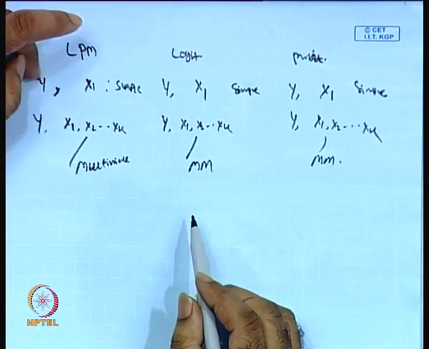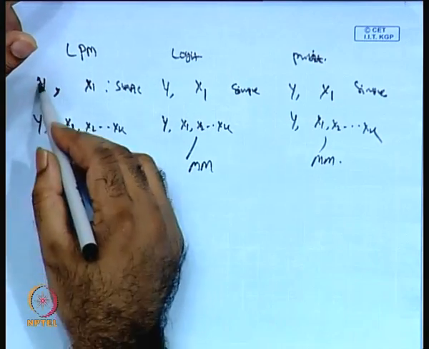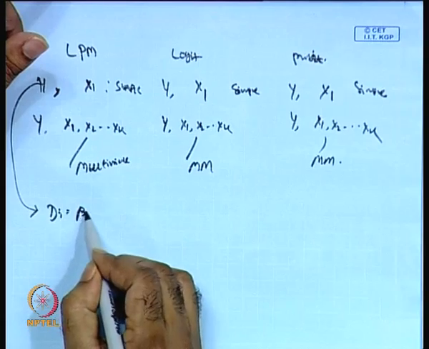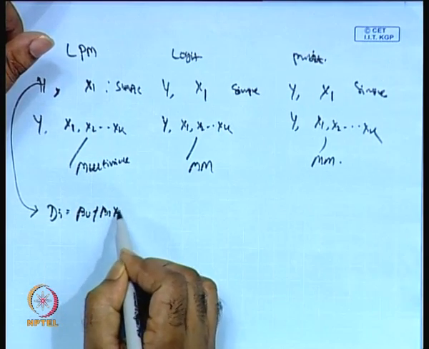So, what you have to do in this particular structure? We will write di equal to beta 0 plus beta 1 x1. Okay.